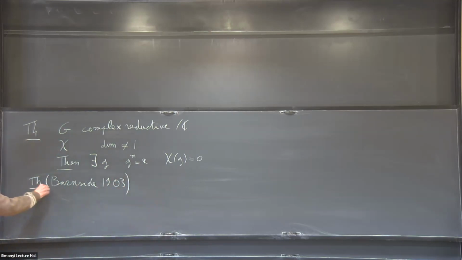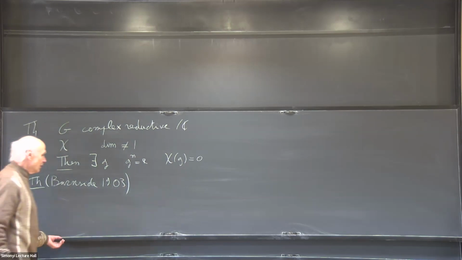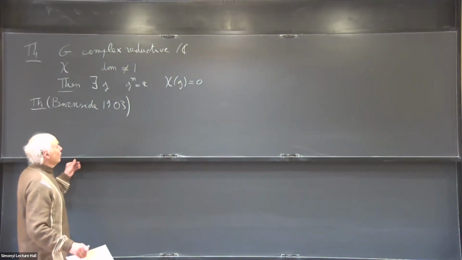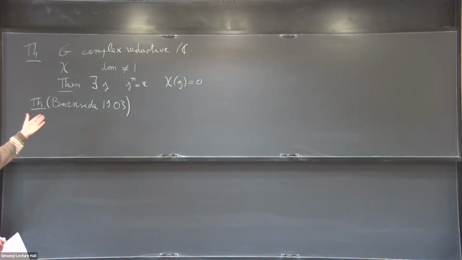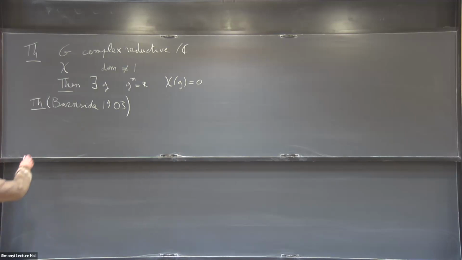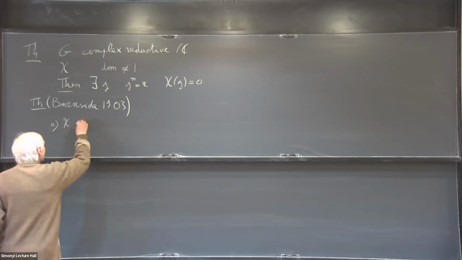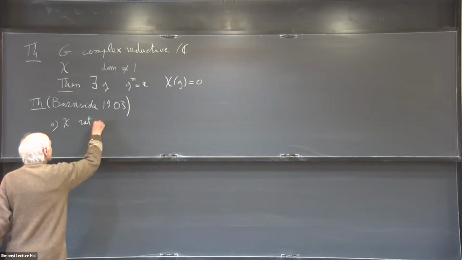Because I find the proof very nice, I will explain it. For a finite group, I take the character of an irreducible representation, not of dimension 1, and I want to prove there is a zero. Let me first consider the case where the character takes rational values.